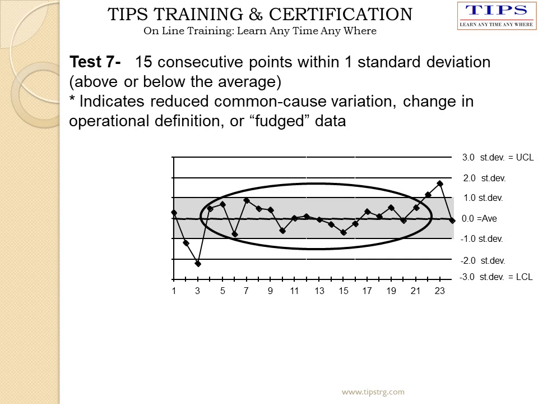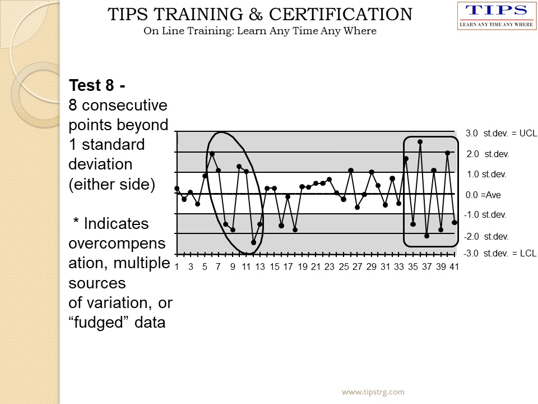Seventh test is 15 consecutive points within one standard deviation above or below the average, which indicates reduced common causes of variation, change in operational definition, or stratified data.